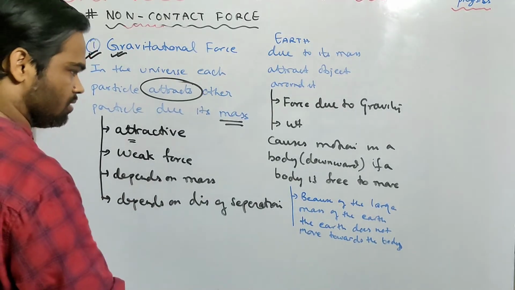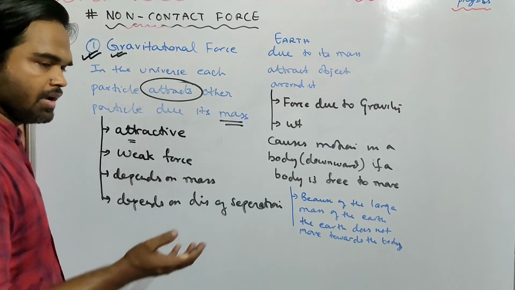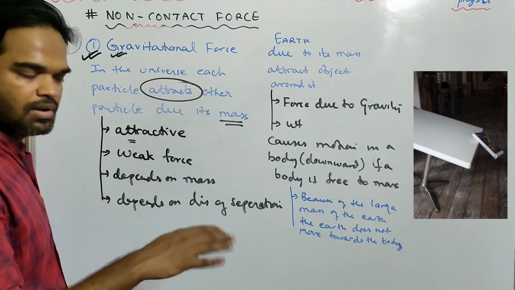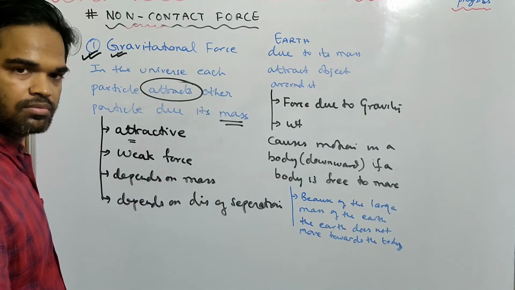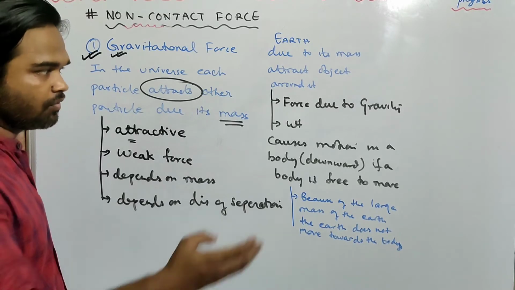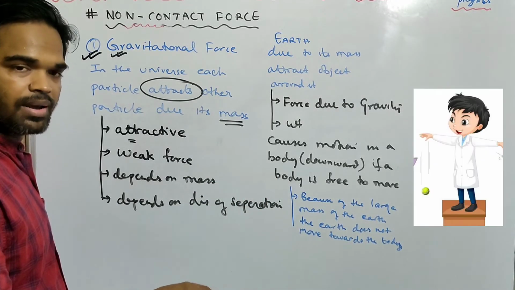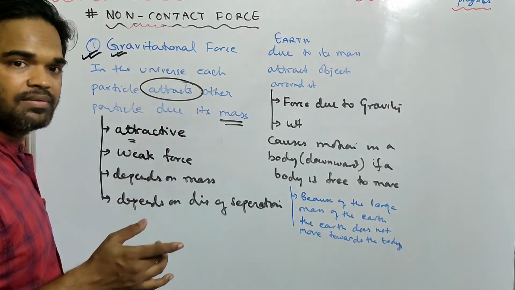Now, there are a lot of examples of this. For example, if you place a ball on a table, and you tilt the table a little bit, what happens? The ball slides down, due to the force of gravity. If you leave a coin, what happens? The coin falls down due to the force of gravity.